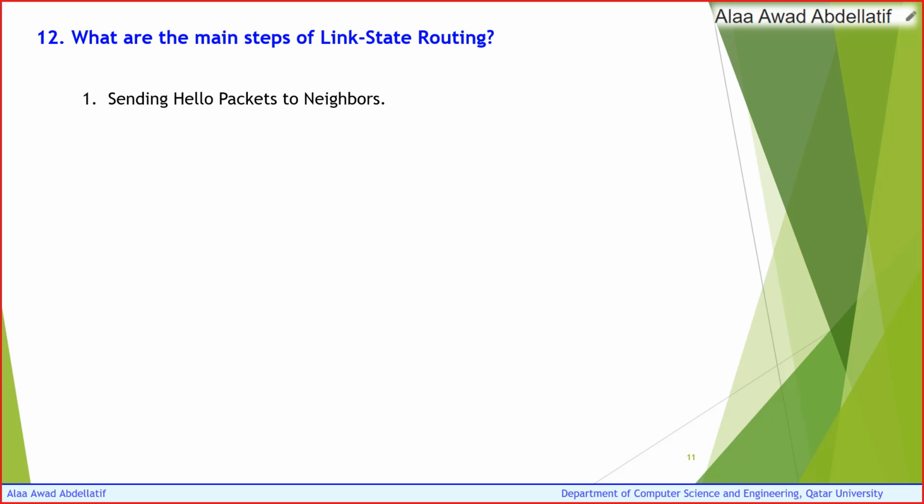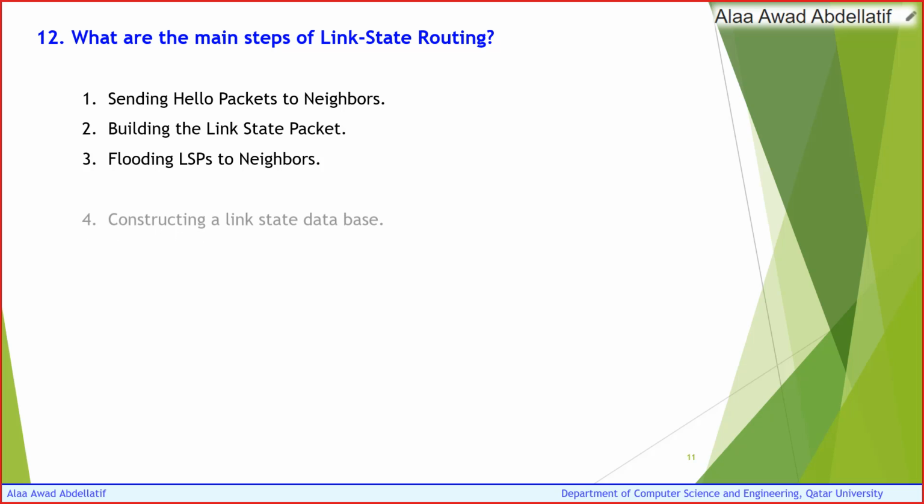Second, building a link state packet, which includes the main link state updates. Third, flooding this link state packet to all nodes in the network. By flooding, we mean forwarding these link state packets to all nodes inside the network. Once you receive a link state packet, you forward it to other nodes also.